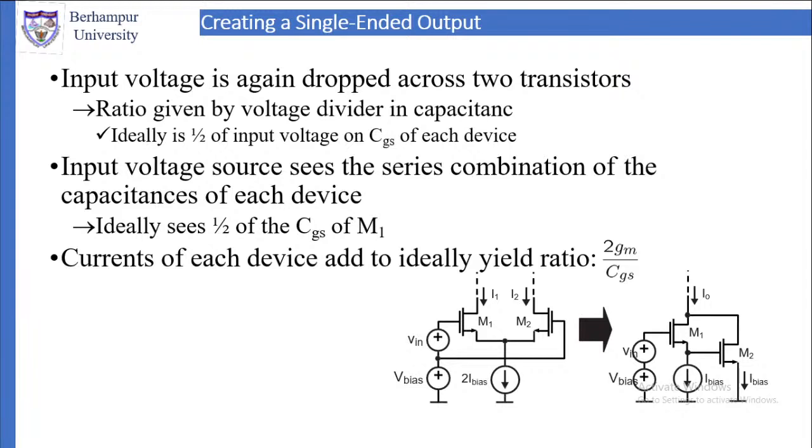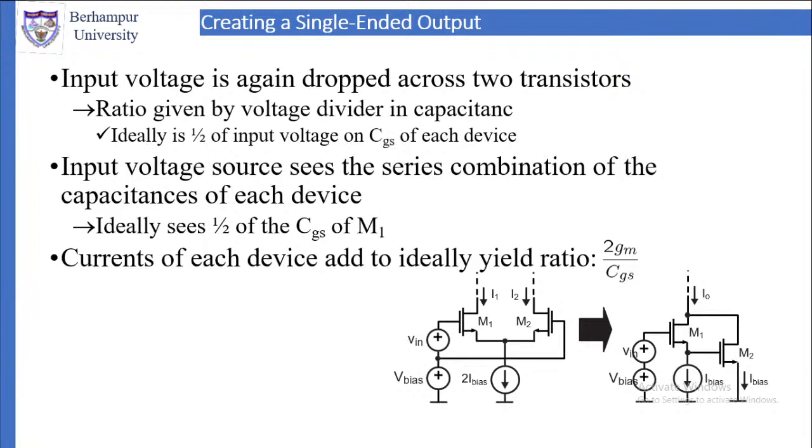Why? When you consider the ideal case, M1 and M2 are both equal transistors, so they will have the same CGS, and their CGS are connected in series.